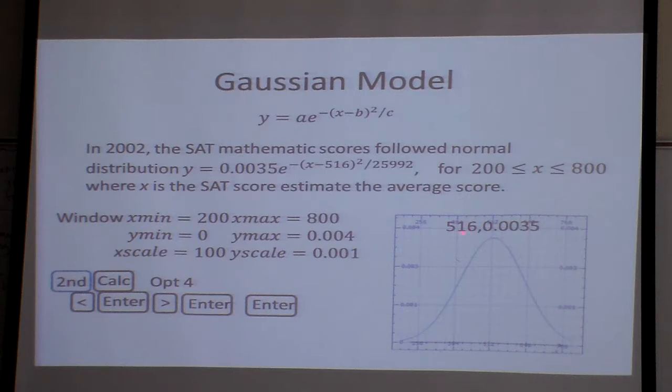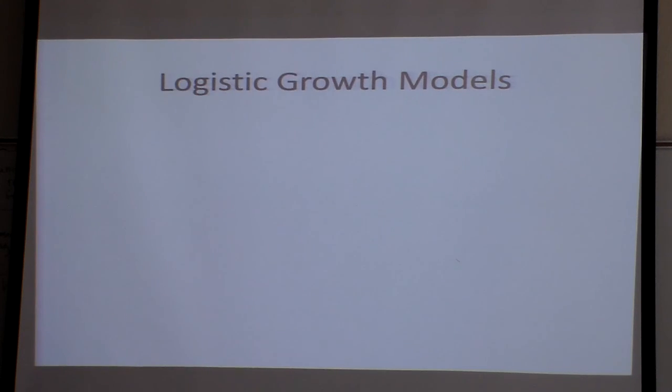This is the number I'll get: 516 at 0.0035. So when Y is 0.0035, X has to be 516, meaning the average score on the SAT test is 516 in the year 2002.